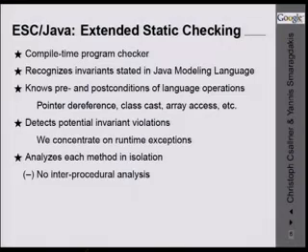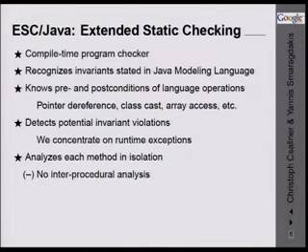So basically, it's a compile time checker. And we're using the current version, ESC Java 2, and the current version recognizes pre and post conditions expressed as JML annotations of your source code. So JML is the Java Modeling Language, which seems to be the de facto standard these days. And it also supports Java up to 1.4, which is also nice.